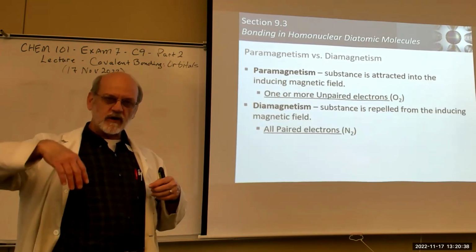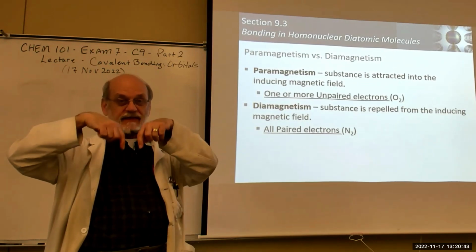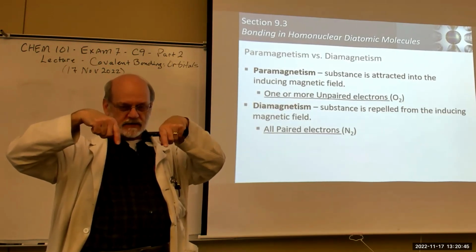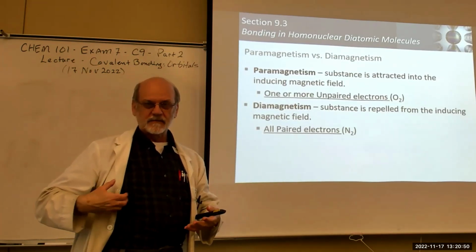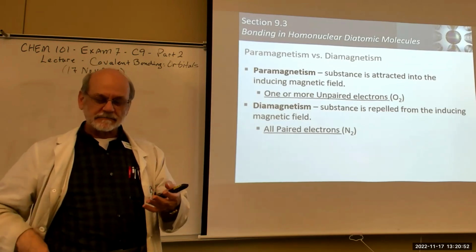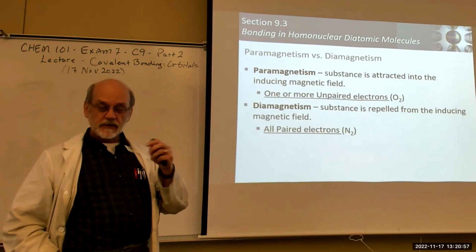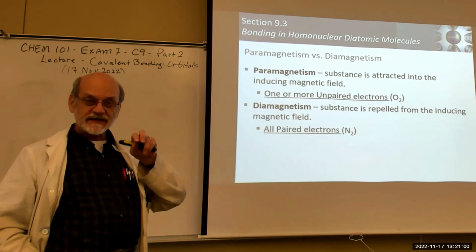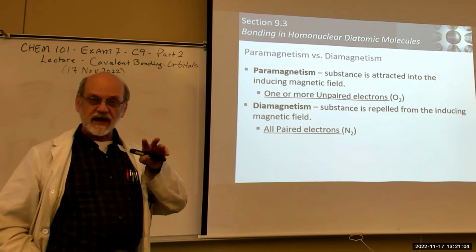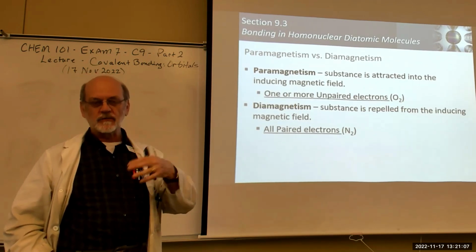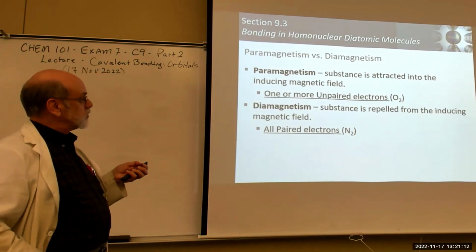So when you get an electron in there that's spinning one way, and it has another electron in that orbital with it spinning the other way, they cancel one another out in terms of their magnetism. But if those 2 electrons are in separate orbitals and they have identical spins, then they don't cancel each other out, and they can be influenced by an external magnetic field. That leads to paramagnetism.